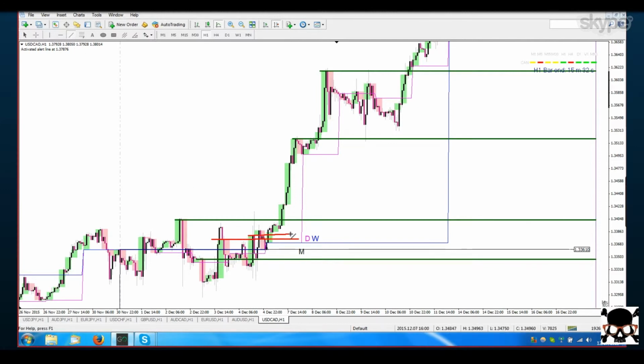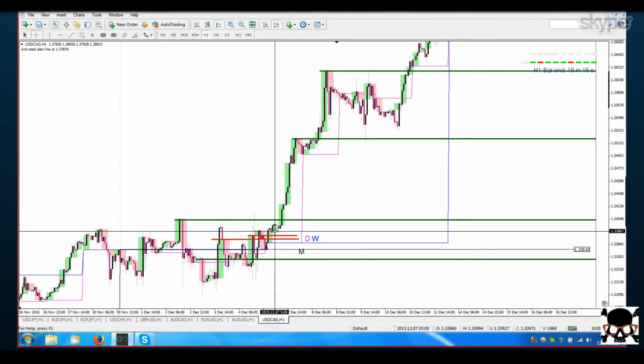So I'm looking for price to be above that line and with the daily, monthly, weekly, and that hourly candle that I just showed you within that, the 4 hourly move conforms to that idea.